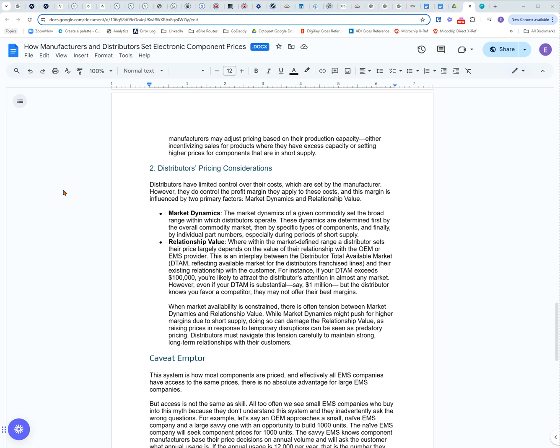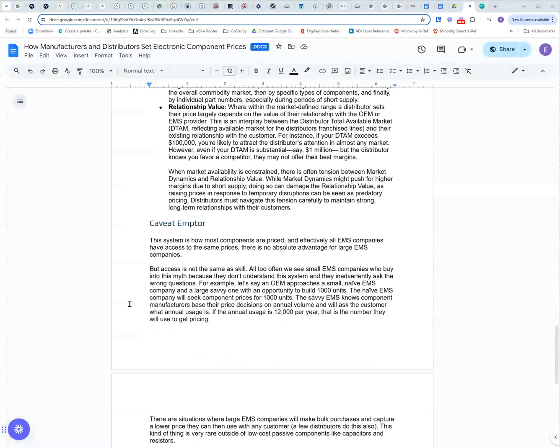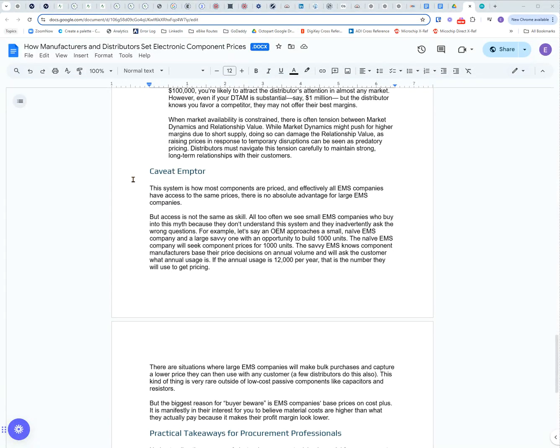When market availability is deeply constrained, both these things can go out the window. But generally speaking, relationship value is going to prevent you from getting surge priced over a component situation. So that's basically how the system works.